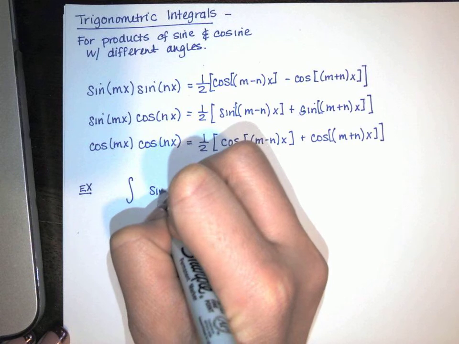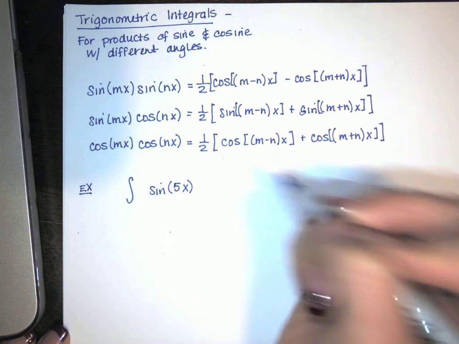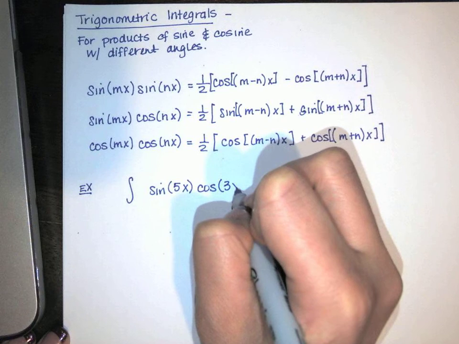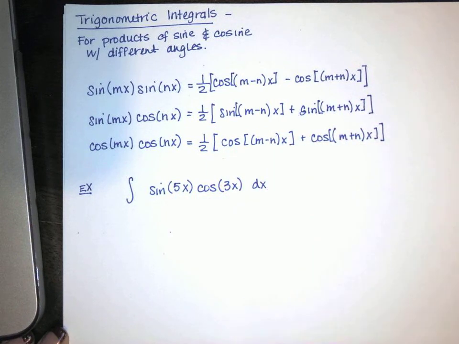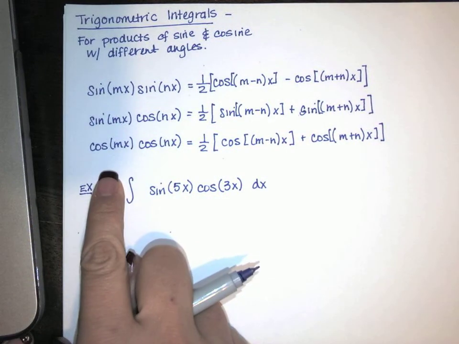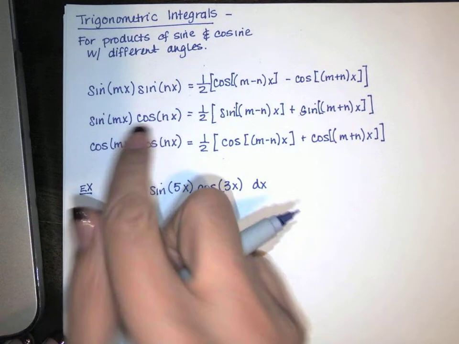Let's say we're dealing with sine of 5x times cosine of 3x. All right, so I just look at which one of these I'm dealing with, identify m and n, and then go from there. I've got a sine times a cosine, so that's the second one.